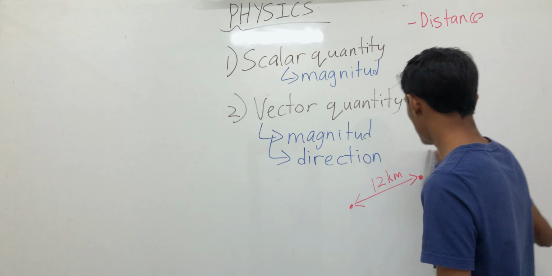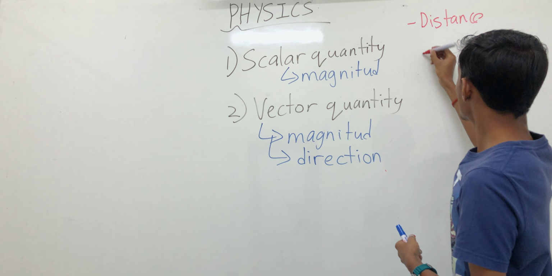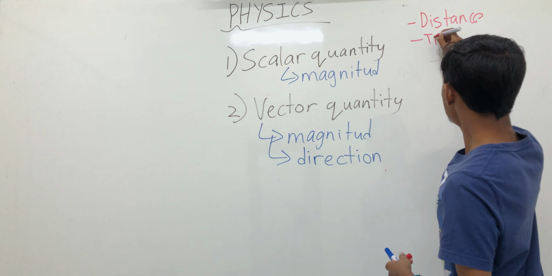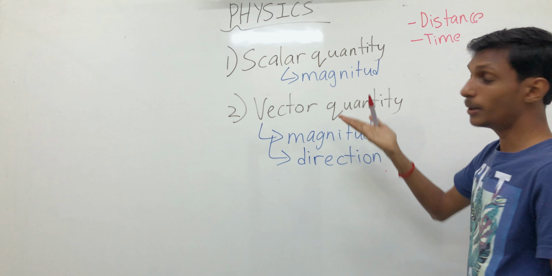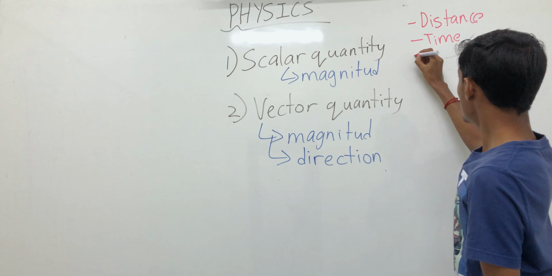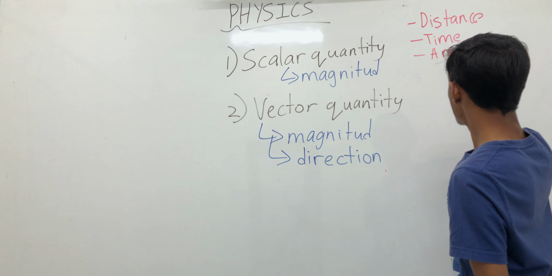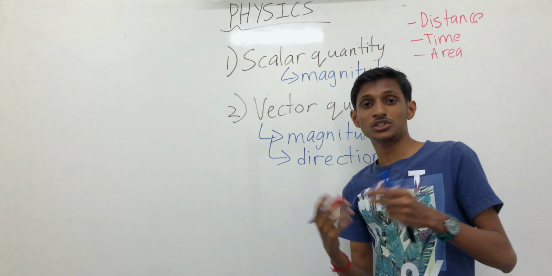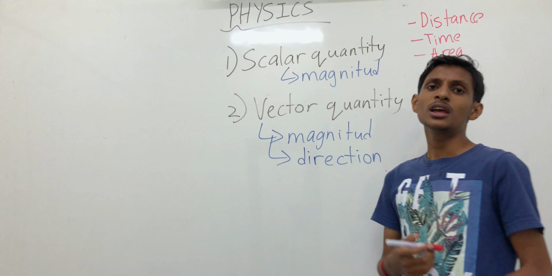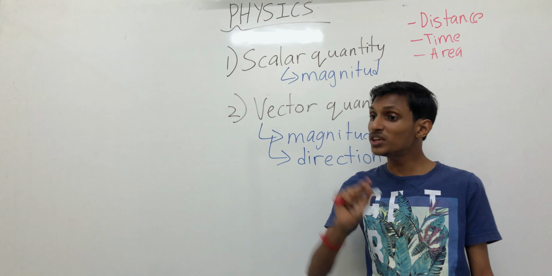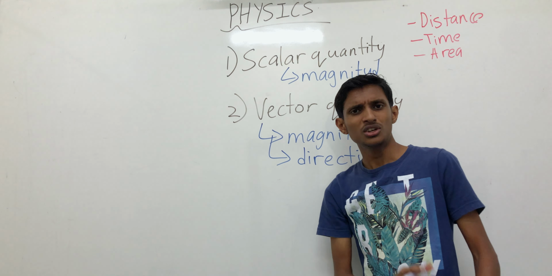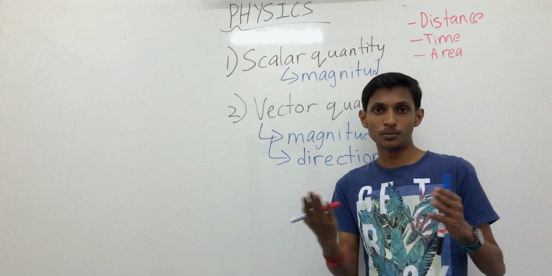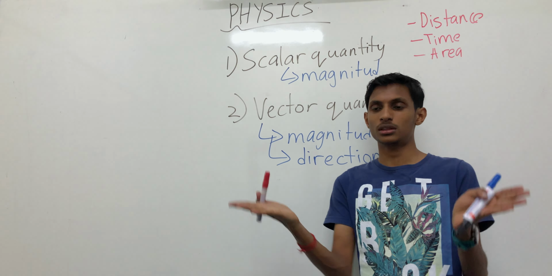Now, what else? Time. Time doesn't need a direction. Also area. If you're measuring the area of a circle, do you really need to know in which direction this area is? No, nobody would ask that question. Area means you can just understand, okay, this is the area.